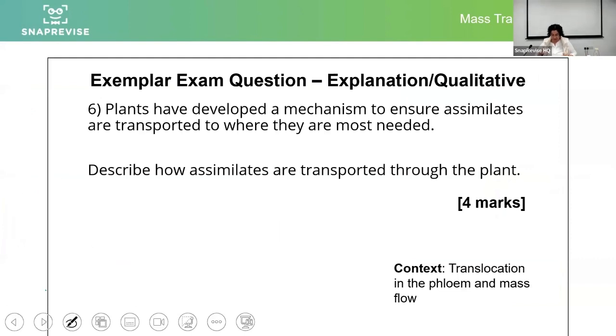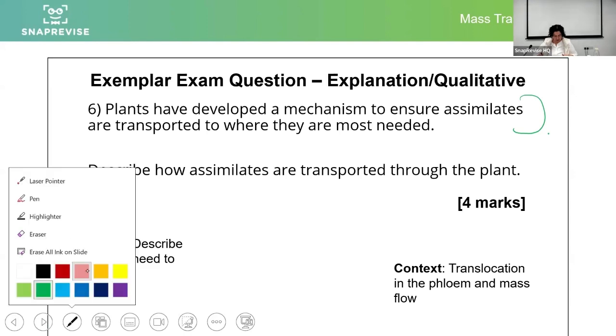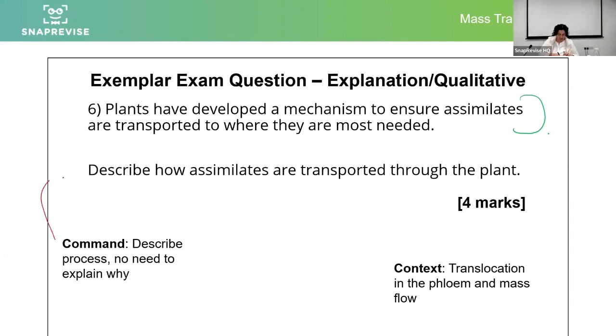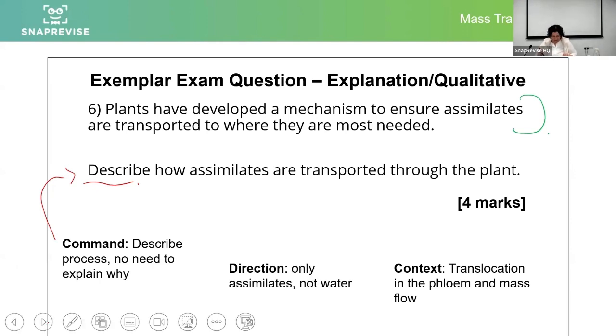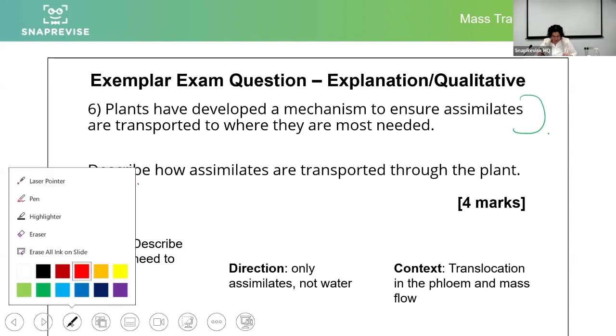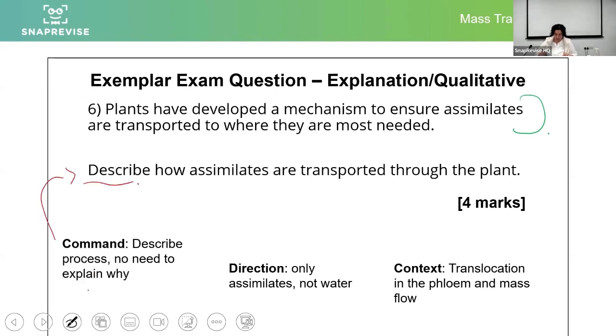So our context here is translocation, the phloem and mass flow. Our command word is describe, and our guide, our direction, is that we are dealing with only assimilates and not water.